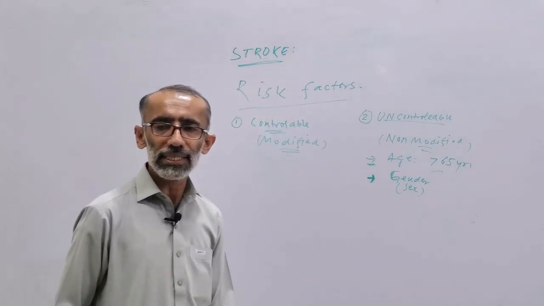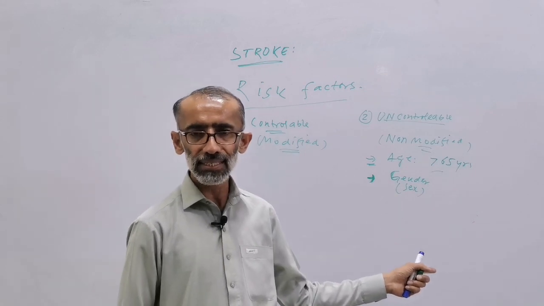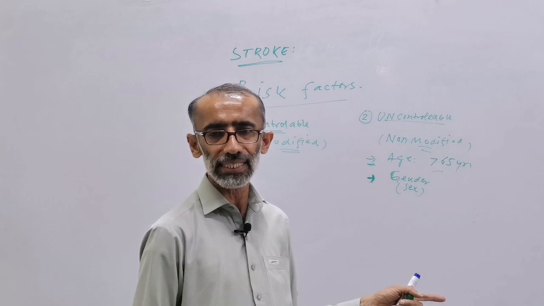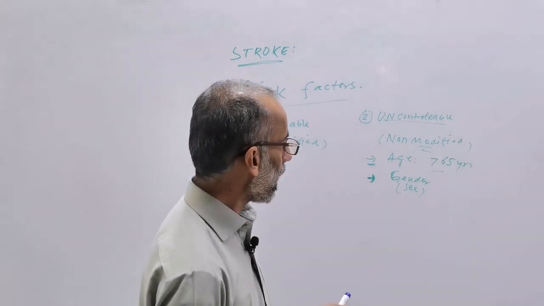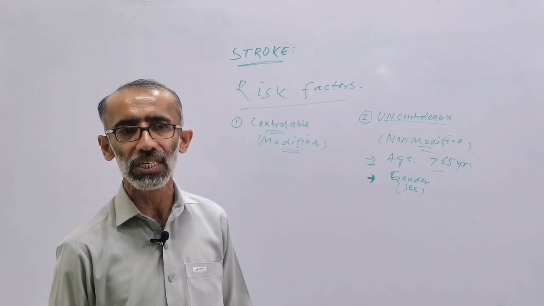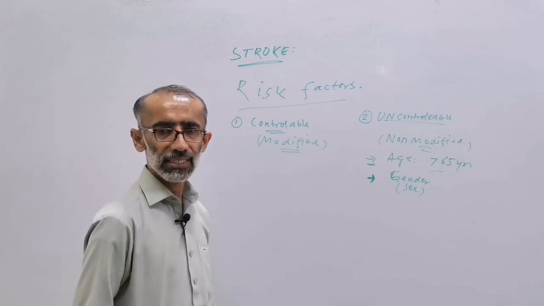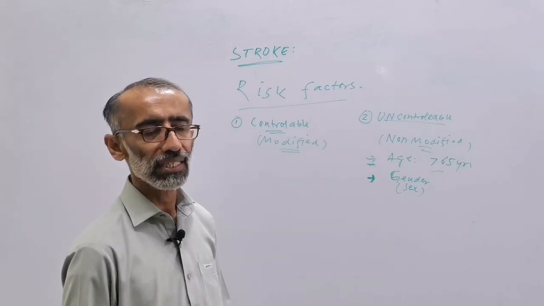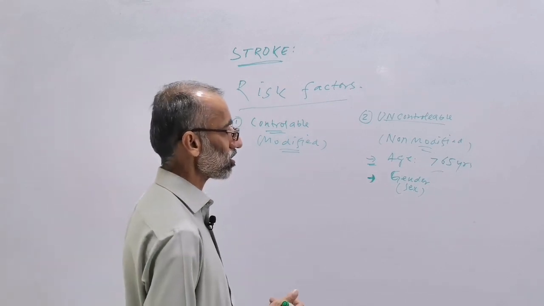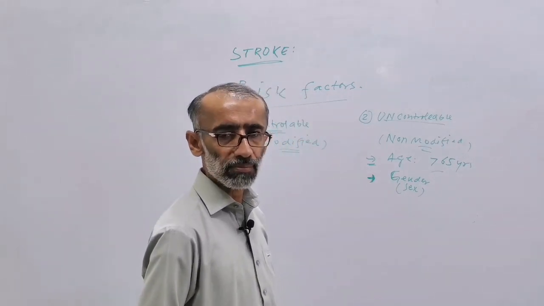Females are prone to get a stroke due to pregnancy. Pregnancy itself is a hypercoagulable state, and females get a stroke due to eclampsia and preeclampsia, due to the usage of OCP that contains estrogen, and certain hormonal therapy containing estrogen that leads to thrombus formation.